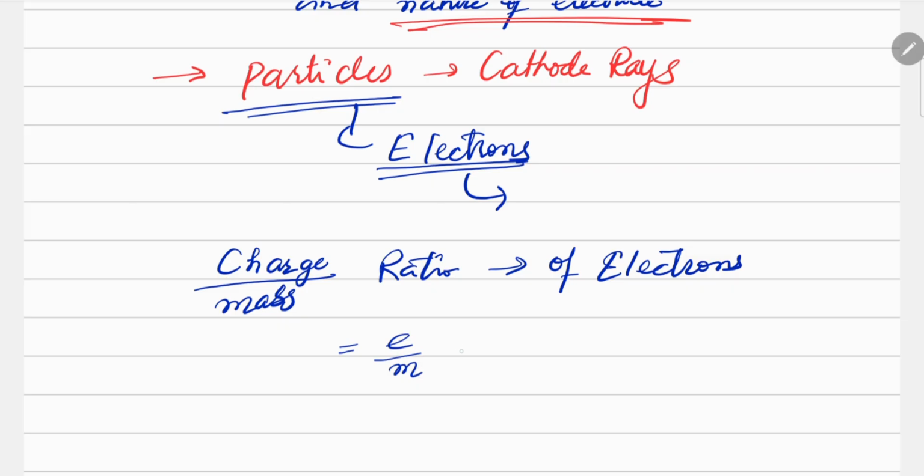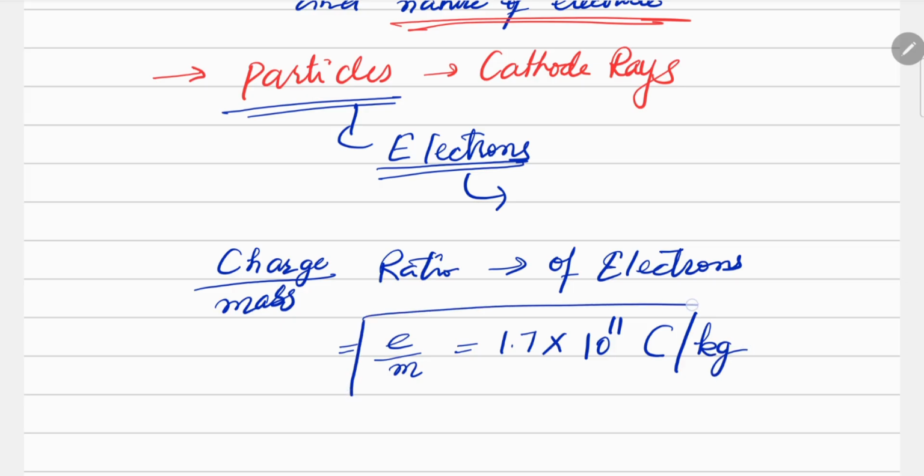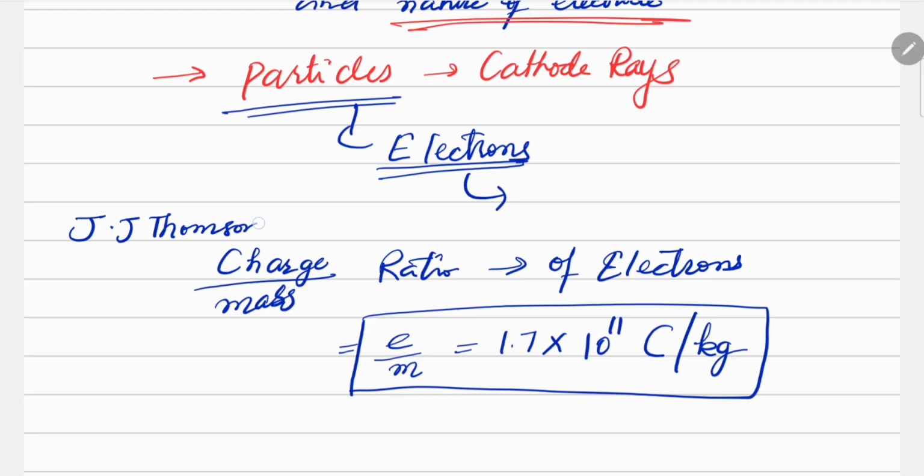For electrons, he got to know that it is 1.7 into 10 to the power 11 coulomb per kilogram. So this ratio was actually discovered by J.J. Thomson in 1897. I have told you already, he did it in the 19th century. This charge to mass ratio was for electrons.